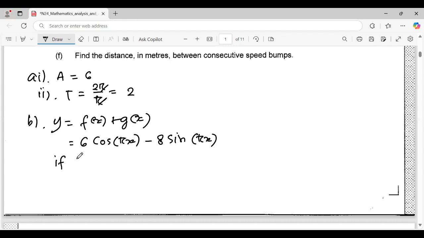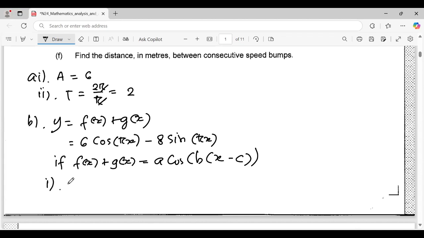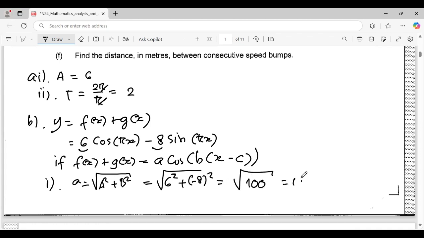So a equals the square root of 6 squared plus (minus 8) squared, which is the square root of 100. Yeah, 10. So a equals 10.